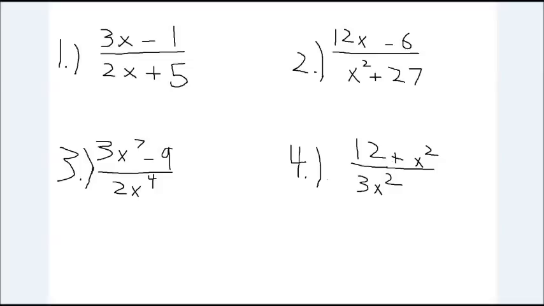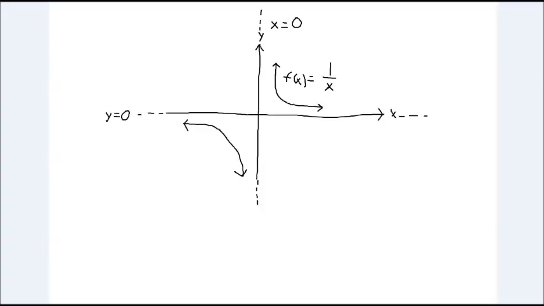So here, you'd have 1 over 3, that's just 1/3. So you have a horizontal asymptote at y equals 1/3. So here, there would be a vertical asymptote straight down the middle, and the horizontal asymptote would be somewhere right here, in line straight across.